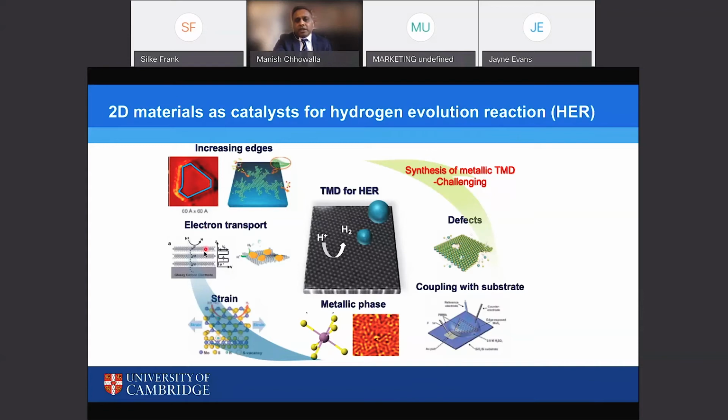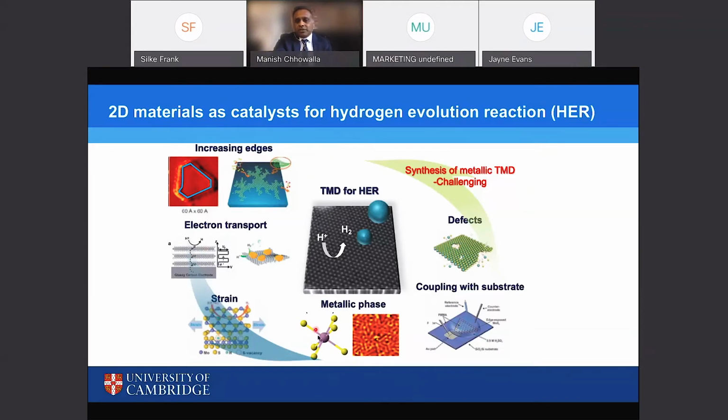As Robson also mentioned, there has been a lot of effort to facilitate electron transport in these materials so that electrons can reach the active site and the reaction can occur. This becomes an important parameter that we've been able to optimize in our niobium disulfide catalyst. Strain: we reported that strain is a variable that can be tuned to tune the free energy of the reaction.